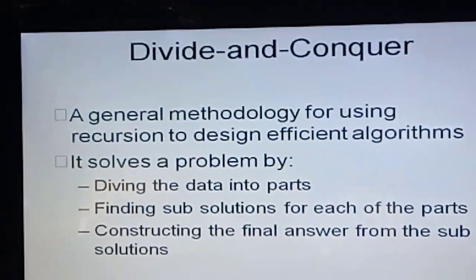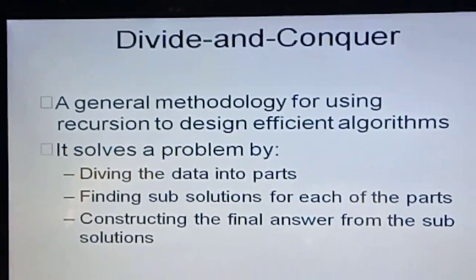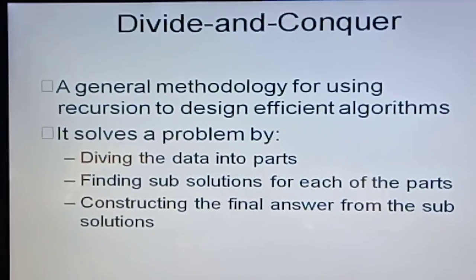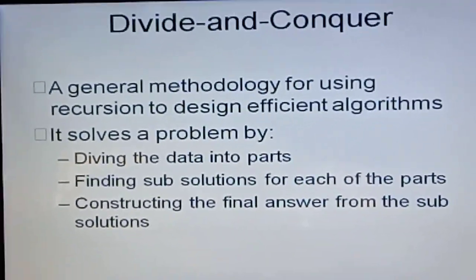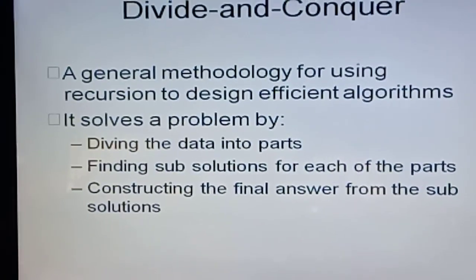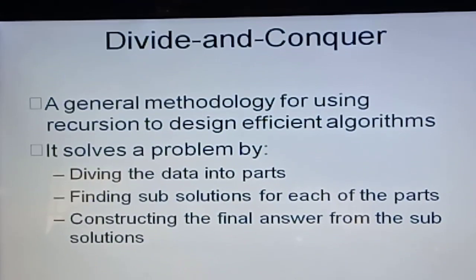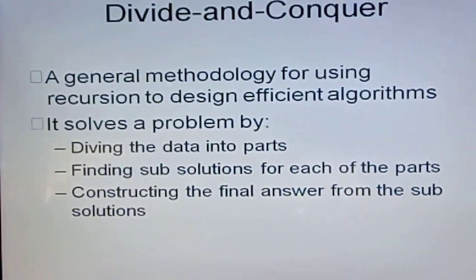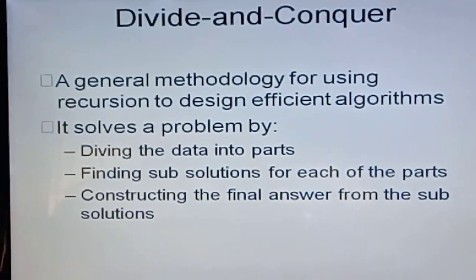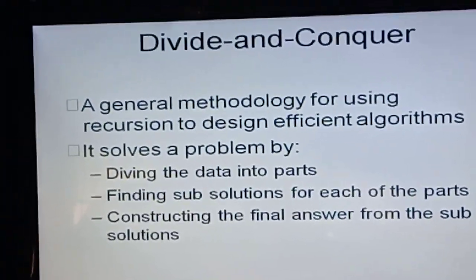A general method for divide and conquer using recursion is always suitable to design an efficient algorithm. So this recursion type approach solves the problems by dividing the data into partitions, finding the subsolutions for each part, and constructing the final answer from the subsolutions.